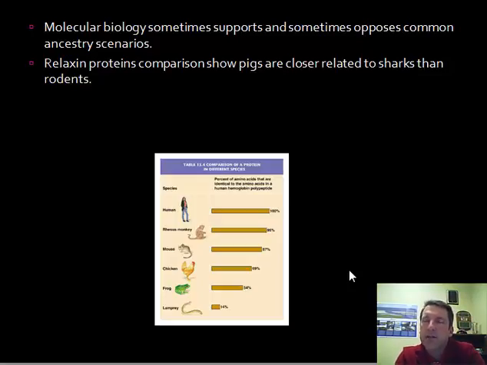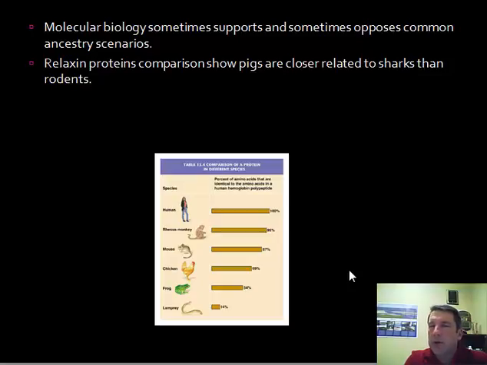Relaxin is an example of a protein that we see in a lot of different mammals and other animals as well. And this protein has more similar types of amino acids in the pig and the shark rather than the pig and the rodent.